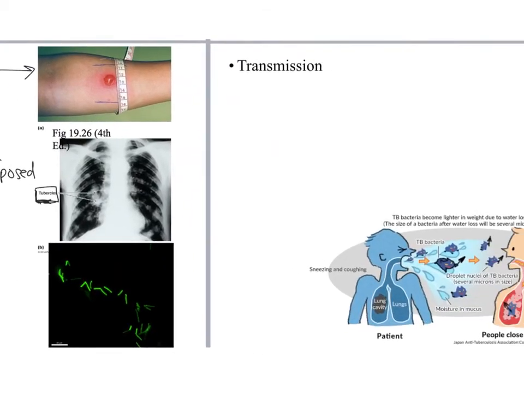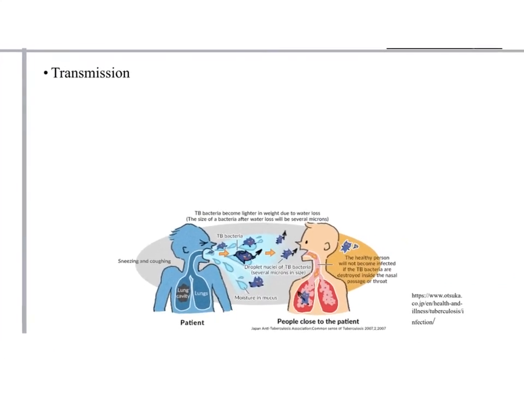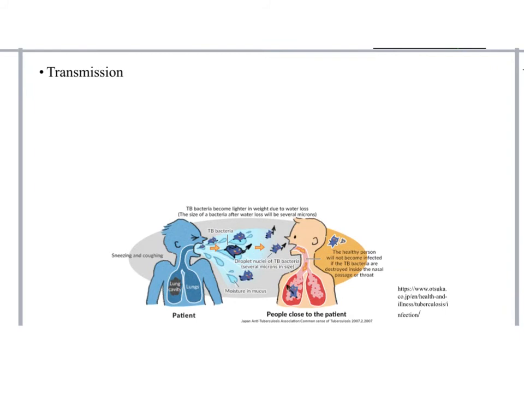So who gets TB and how do they get it? Like I said before, this is going to be considered airborne, usually passed by droplet nuclei, so somebody coughing or sneezing on you.